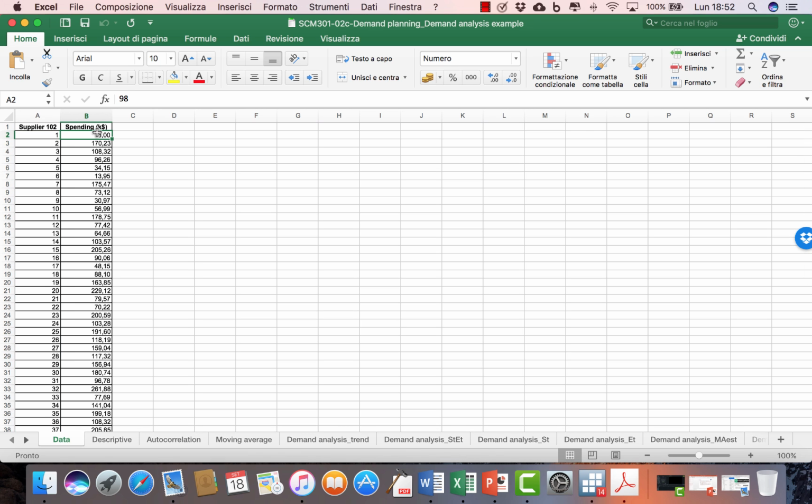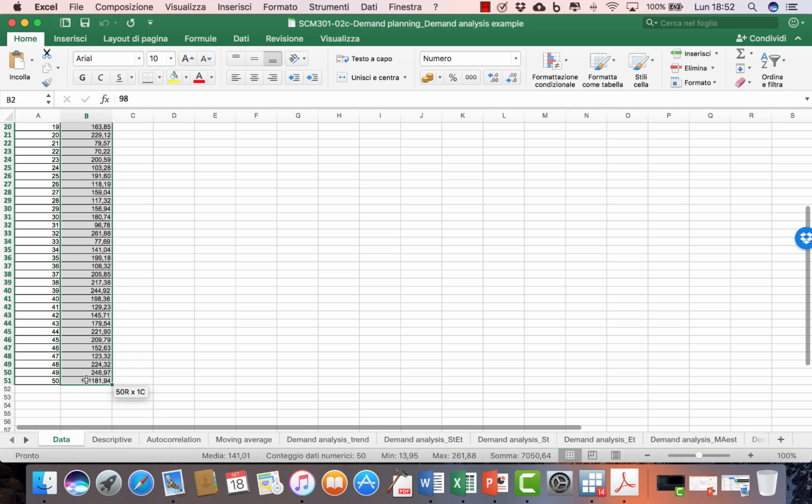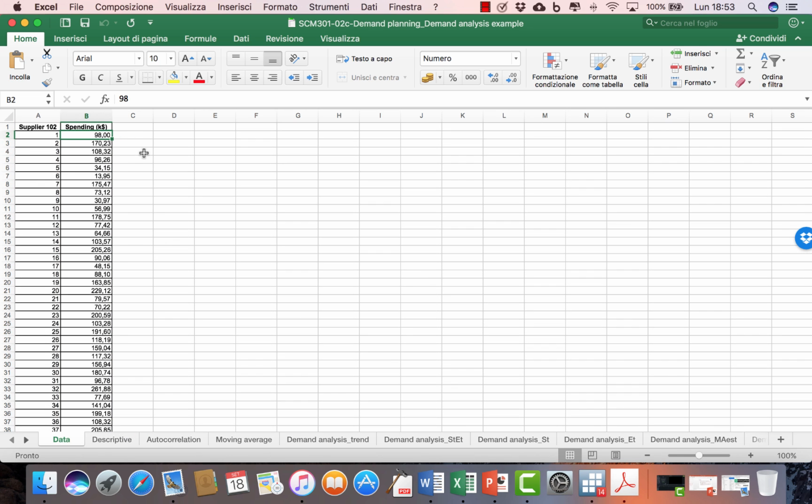So, how much the company is spending each month with this supplier. You see, this is the time series, and of course 98 is 98 multiplied by 1000. So these are what we call kilo dollar, just for sake of representation.